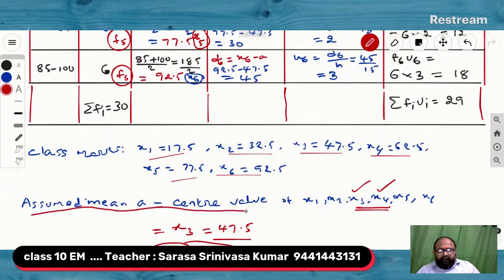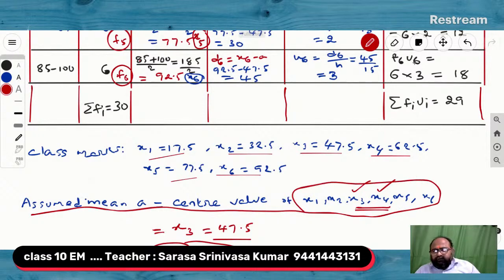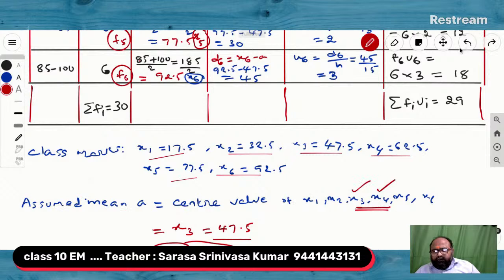The assumed mean is a value which is the center of all of these, x1, x2, x3, x4, x5, x6. Which is the center value? Here x3 or x4 can be taken as the assumed mean.